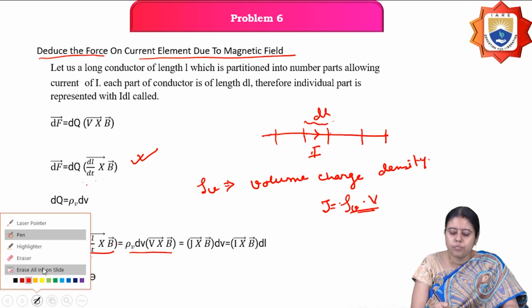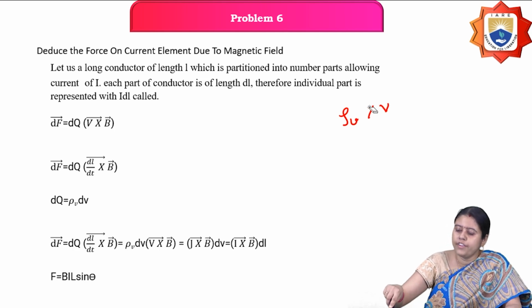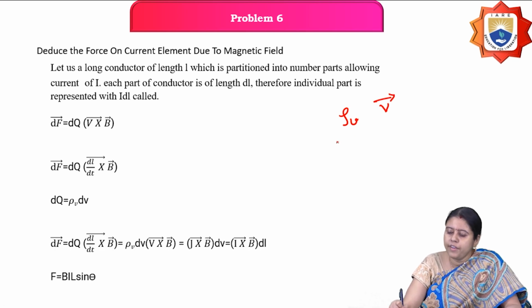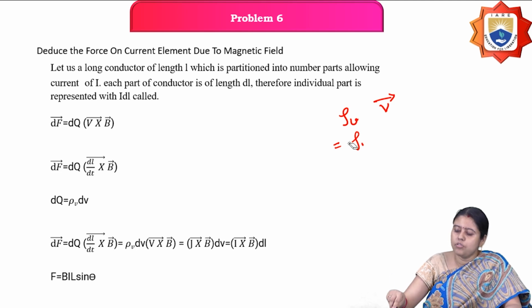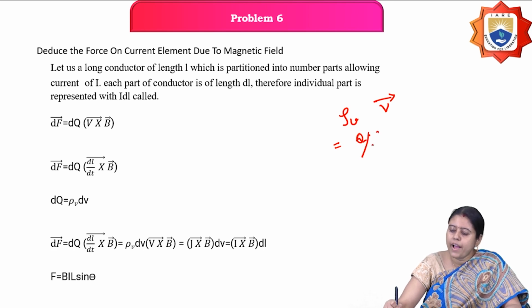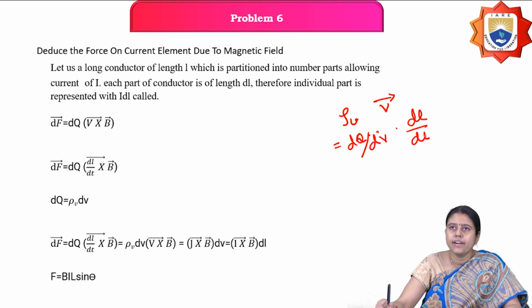We can also prove this: rho v into V. What is the meaning of rho v? Rho v is nothing but dq by dv, into velocity. Velocity means dl by dt.